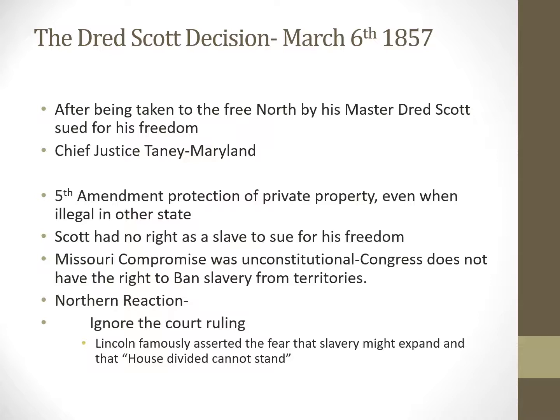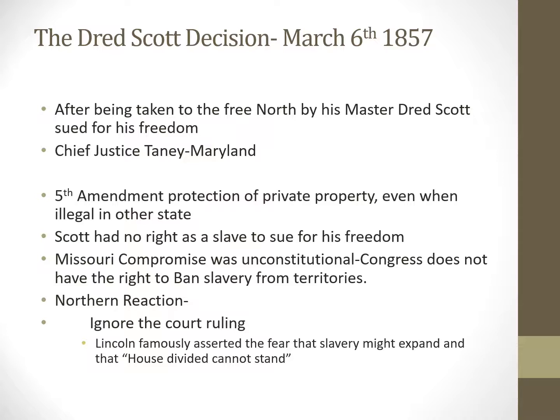And ultimately, after being encouraged by white friends of his from Kansas, he sued for his freedom. It was not an unprecedented case. Slaves had successfully and unsuccessfully sued for their freedom in places like Kentucky. So it was not completely unheard of.